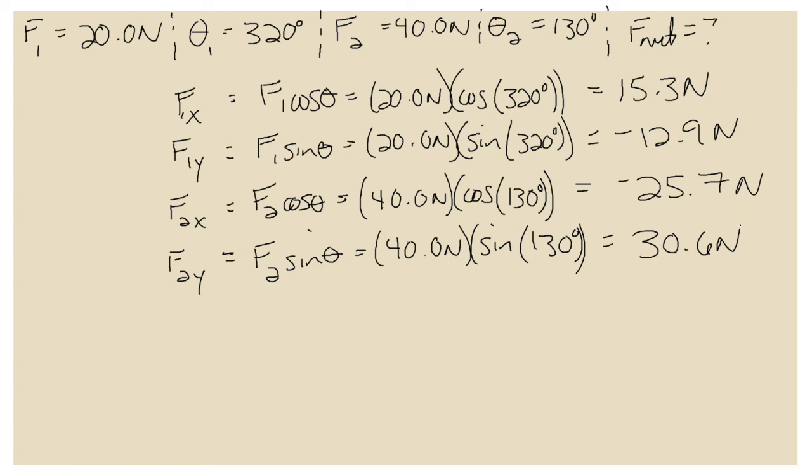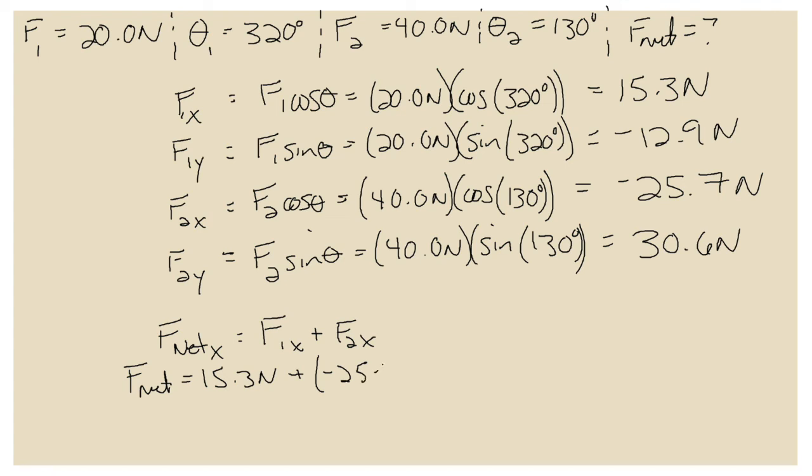And now we're ready to go ahead and find the components of our net force. So F net x is equal to F1x plus F2x. I'll do this down here because the numbers are shorter. F1x is 15.3 newtons. F2x is negative 25.7 newtons. And so that means our F net x is going to give you a value of negative 10.4 newtons.